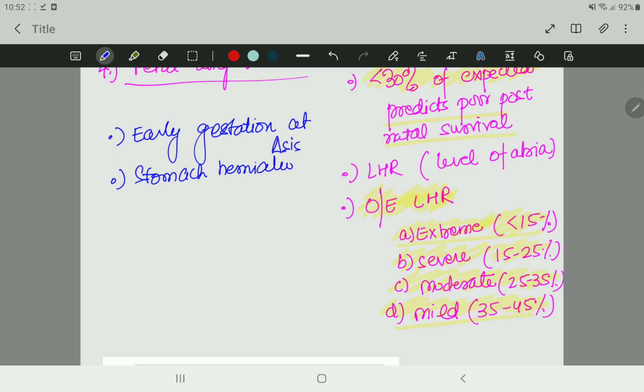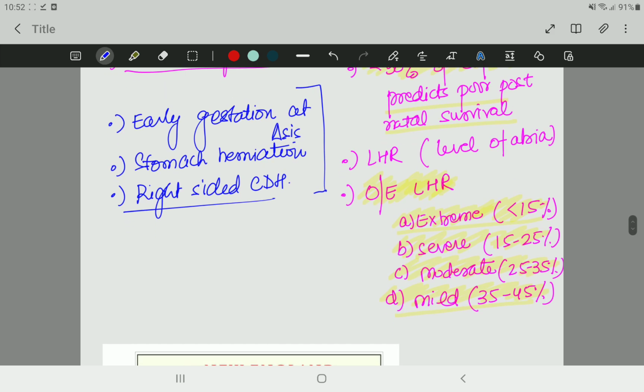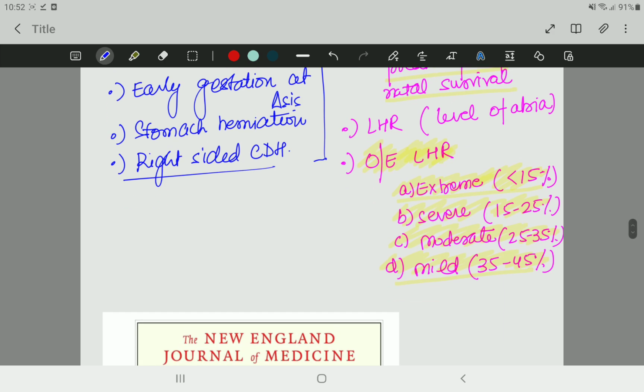Then right sided CDH. Left sided CDH do better than right sided CDH, but this has not been proven with the help of studies, though it has been mentioned in a few articles based on outcomes.